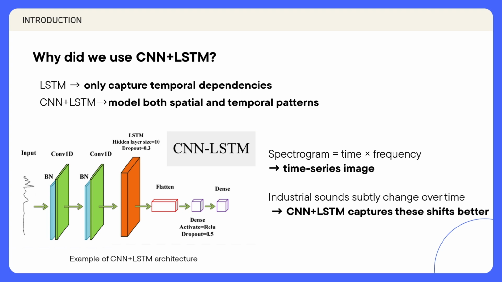And second, the LSTM captures temporal features of when that pattern lasts and when it suddenly changes, so it detects spatial-temporal changes more accurately than a single LSTM. In short, we chose the CNN LSTM structure to learn the dual patterns of frequency and time beyond simple time series modeling.